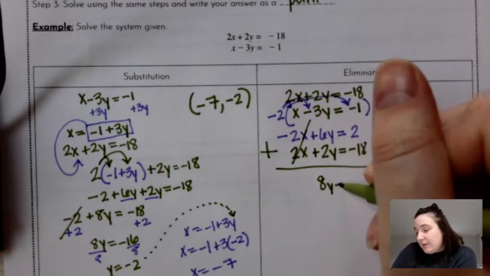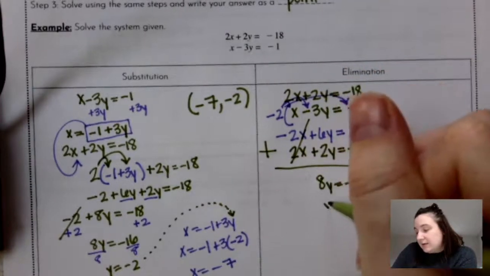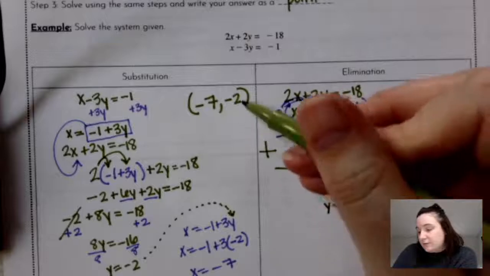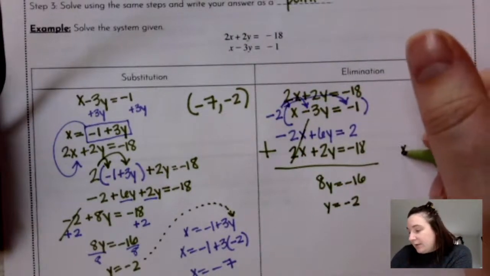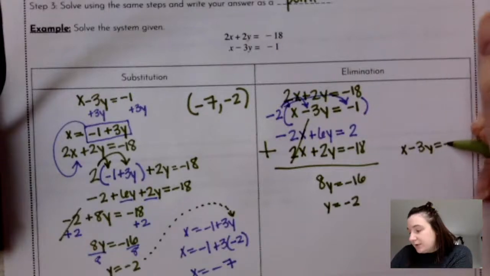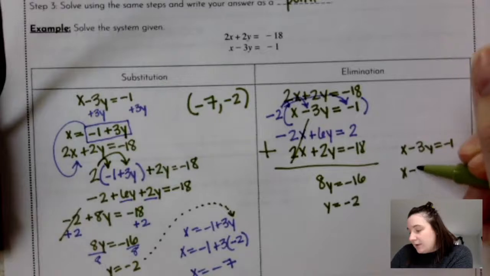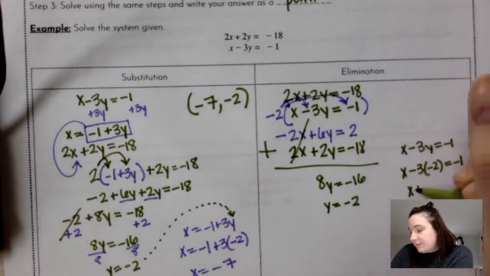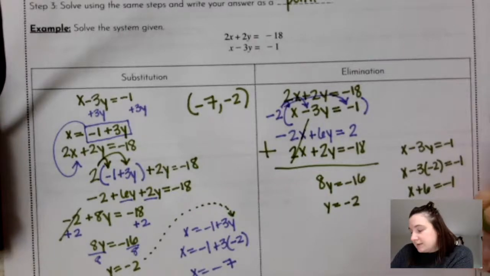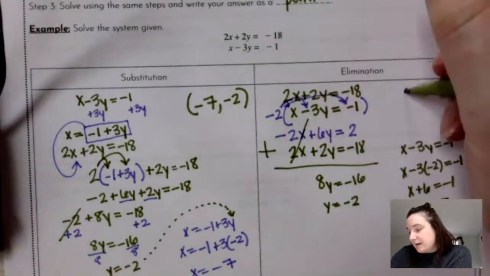So we get 8y equals negative 16. Y is negative 2, which makes sense because that's what we got over here. And then we plug it into one of our equations from the original. And we get x is negative 7, which is the same answer.